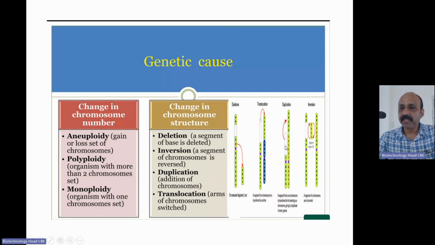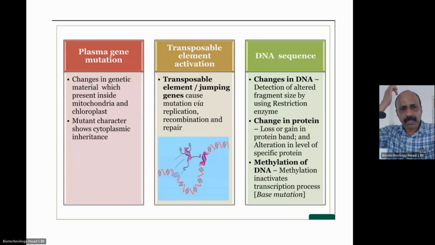In duplication, it is repeated onto another chromosome. In inversion, the segment gets inverted within the chromosome itself. All these types of chromosomal changes you see in X-ray or UV based mutation, and that can also happen during tissue cultures.